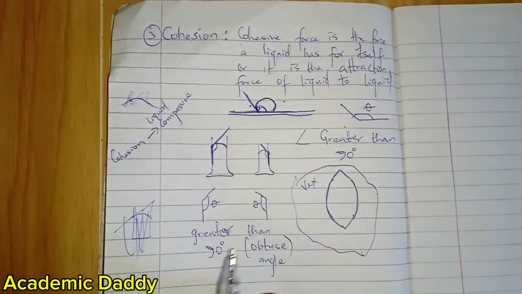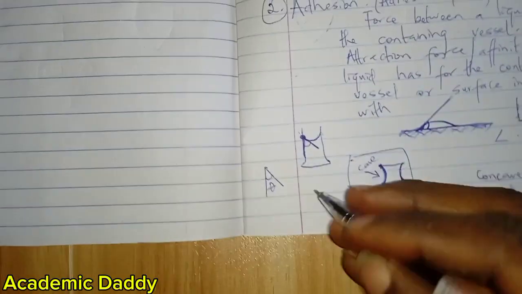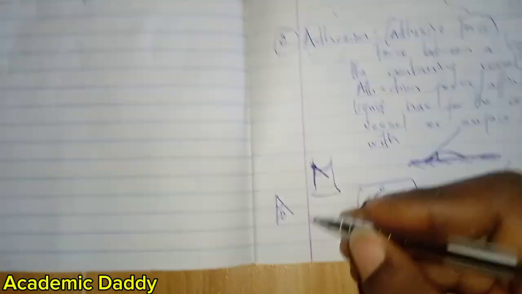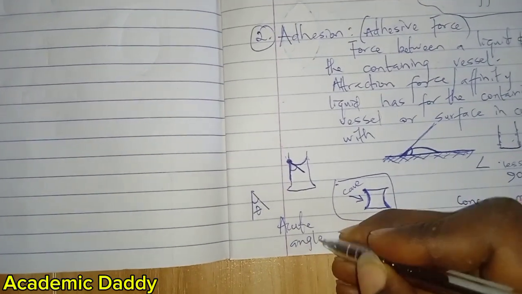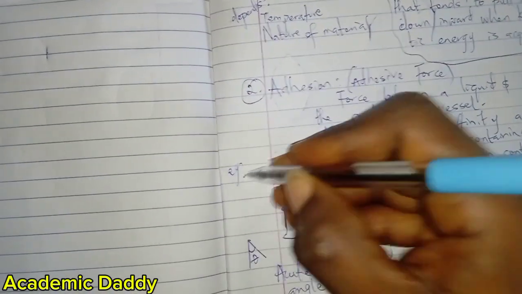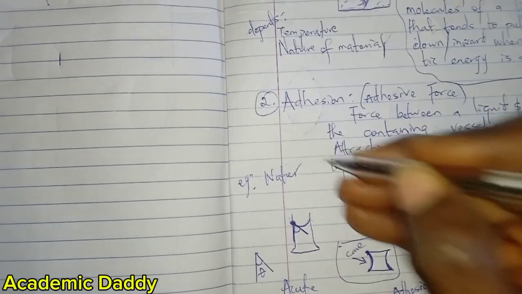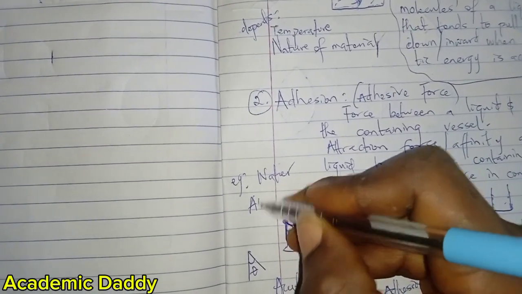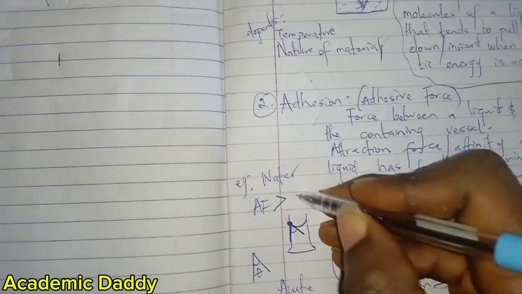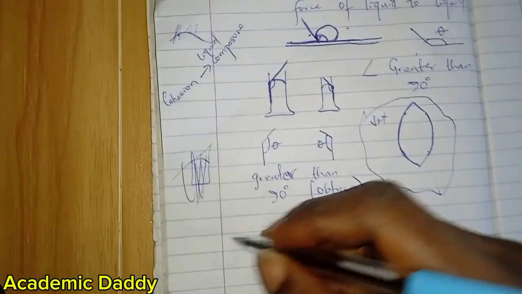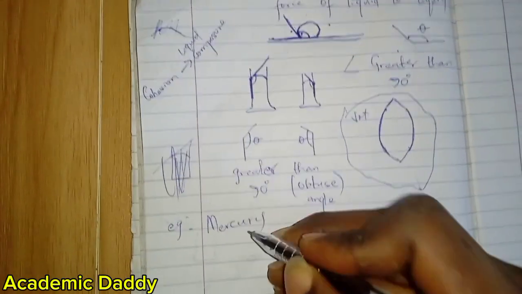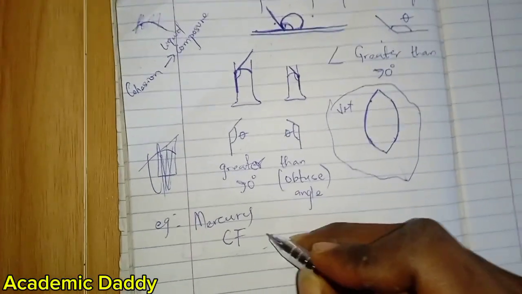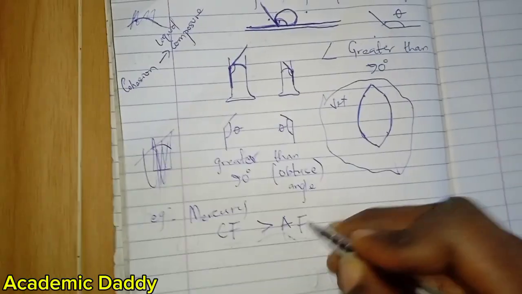If the adhesive force is more, it will be an acute angle. An example of this is water. Water's adhesive force is greater than its cohesive force. An example of the other is mercury: the cohesive force is greater than the adhesive force.